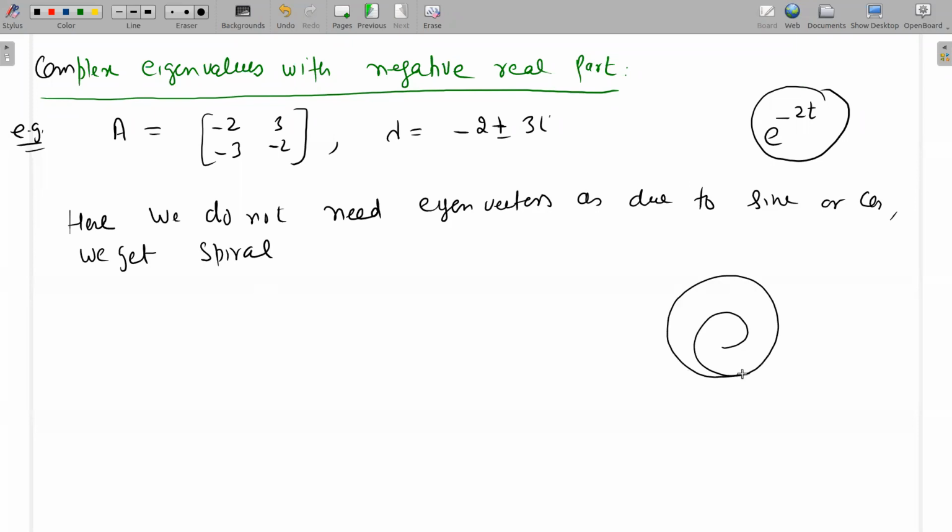So something like that. Okay, it may be a circle in special cases. So we will get spiral.